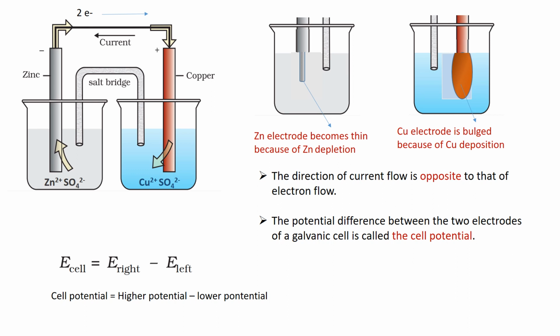You can also remember it as higher potential minus lower potential. During this electrochemical reaction, the electrons will flow from the anode to the cathode, and the current will move from the cathode to the anode.